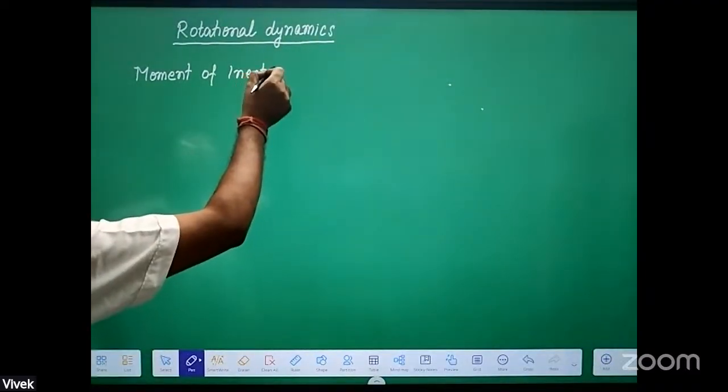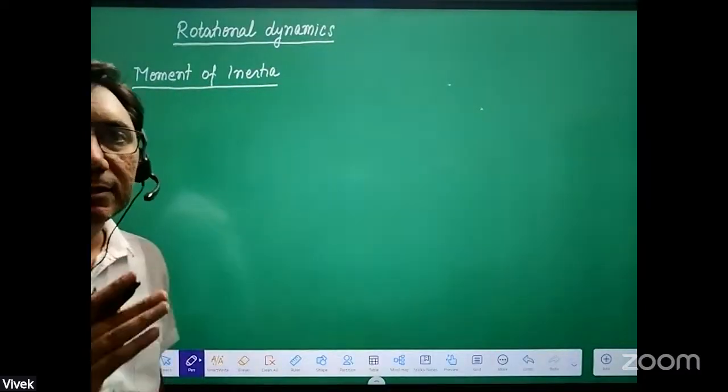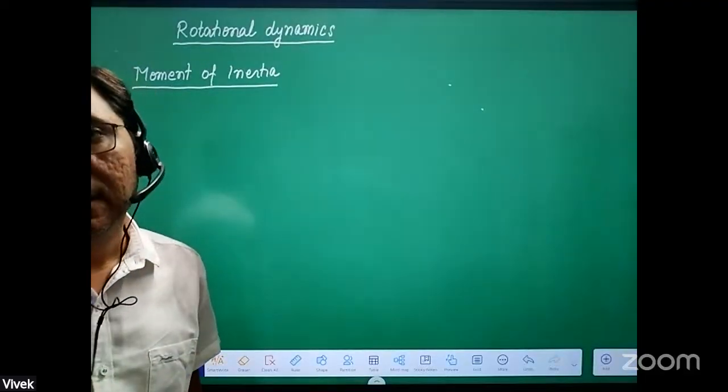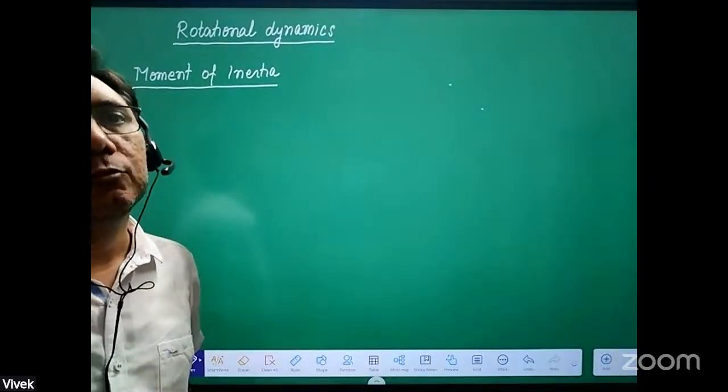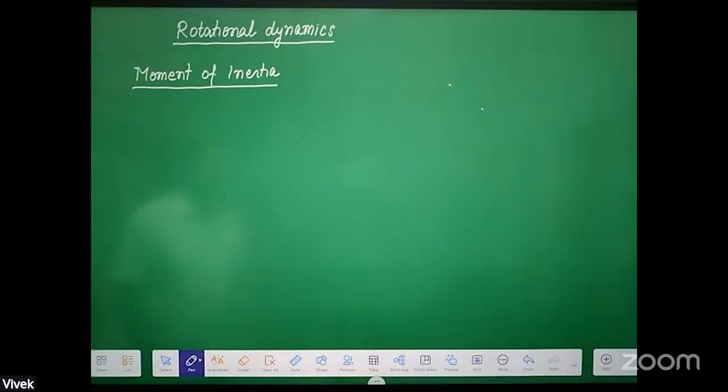Basically, in moment of inertia there are two parts. First, I'm going to discuss moment of inertia, and later on we will expand it to the moment of inertia tensor. So first, we are going to start here.